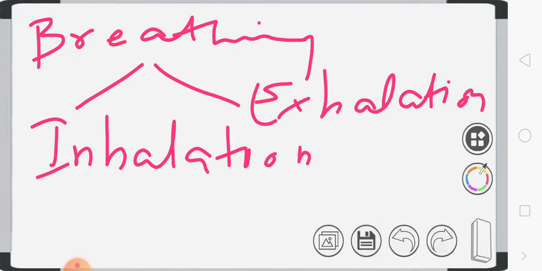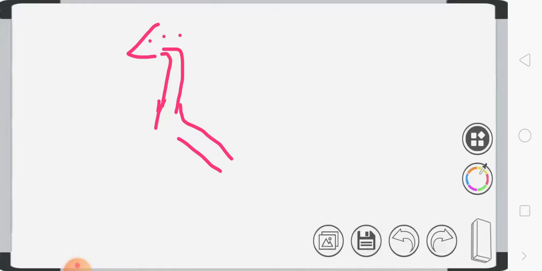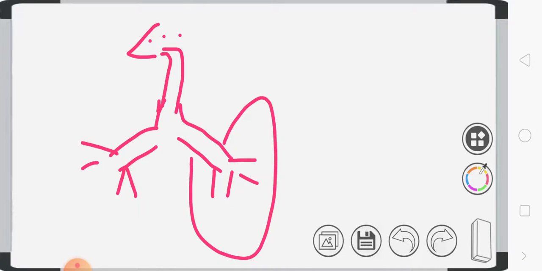When we talk about breathing, we also need to understand the different parts that are involved. I think you all know this. The nose, that's a funny nose, but it's okay. From the nose, the nasal cavity, you have the trachea, and from the trachea you have the bronchi, then the bronchioles, and then you have the lungs.